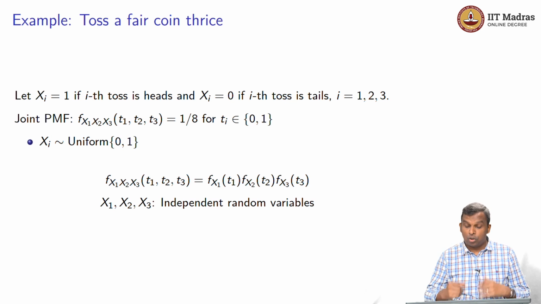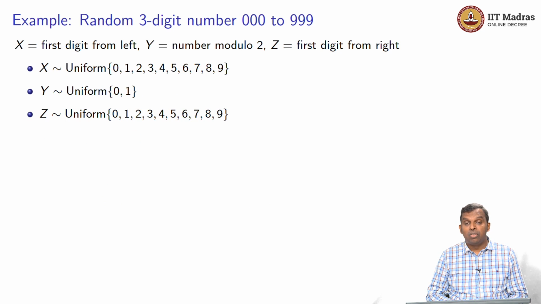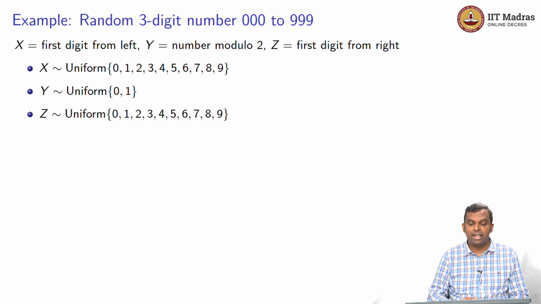Okay, so this is how you determine independence from the joint PMF. But of course not all joint PMFs will end up being in a situation where the random variables are independent, right? Here is another example that we've been seeing so far. You have a 3-digit number, and I define these 3 random variables. X is the 100th place digit, the first digit from the left.